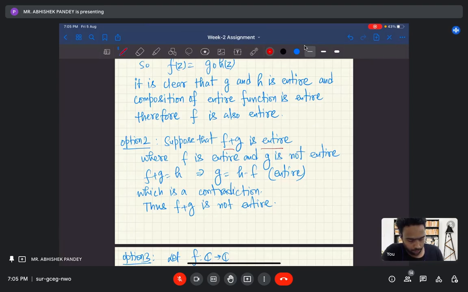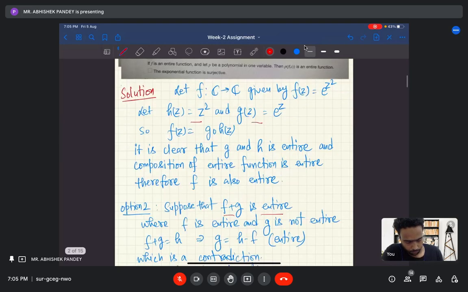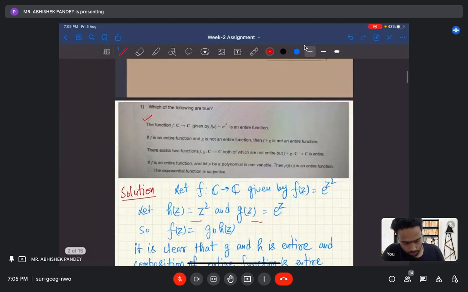This implies g = h - f. Now f is entire and by our supposition h is also entire. So g = h - f is also entire, which is a contradiction. Thus f + g is not entire. So option B is false.